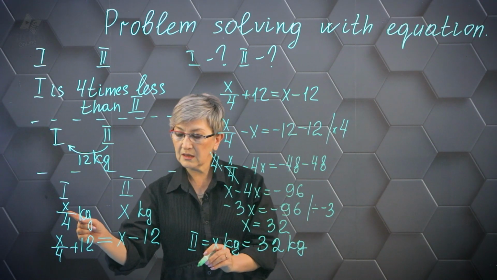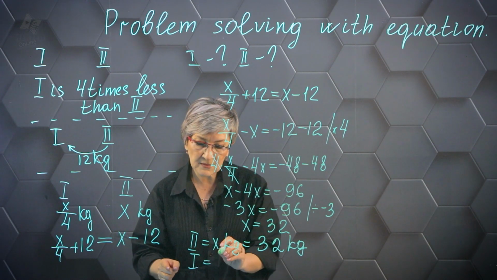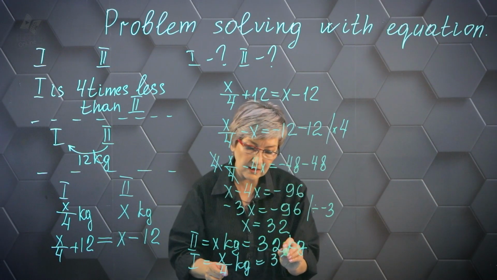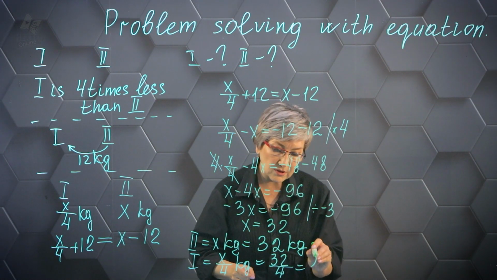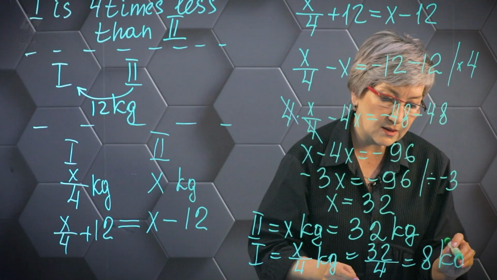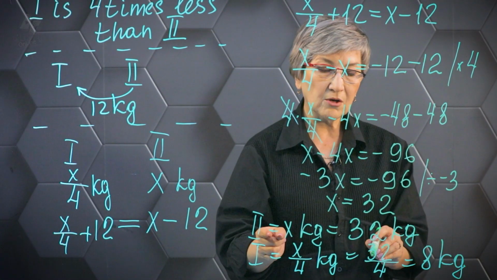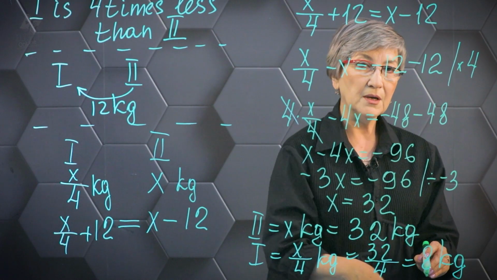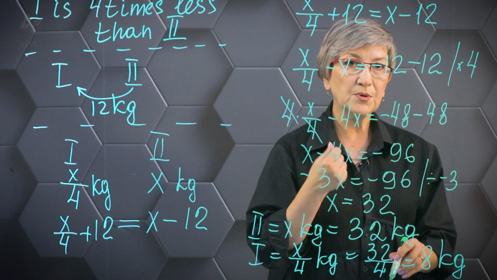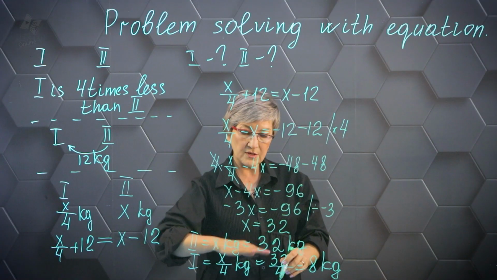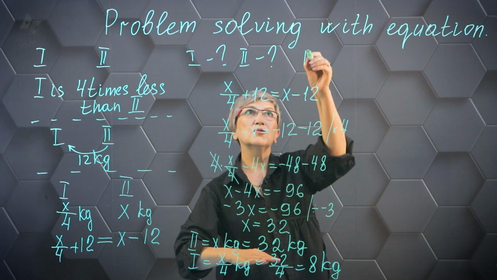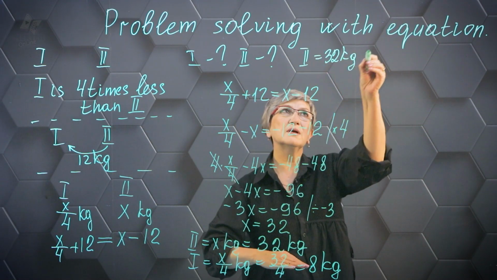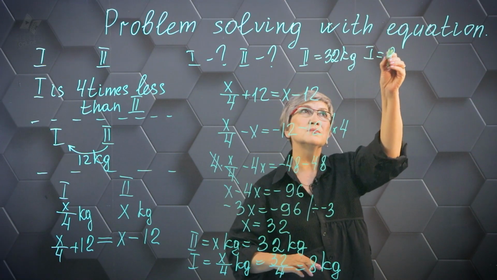And in the first box, X divided by 4, so we divide 32 by 4, and the result is 8 kilograms. The second box has 32 kilograms, the first box has 8 kilograms, and we solved this problem with an equation.